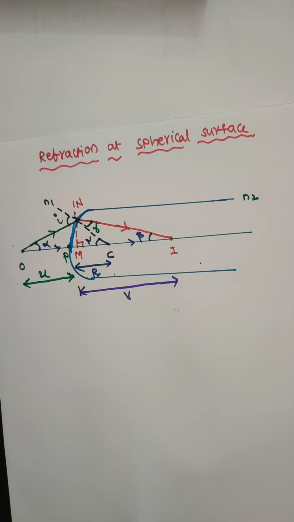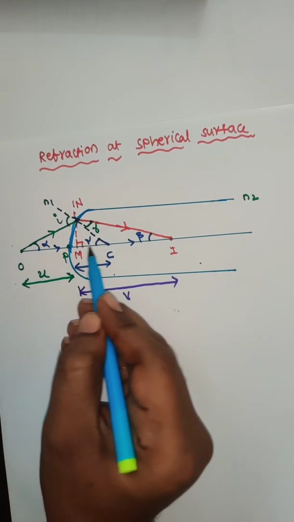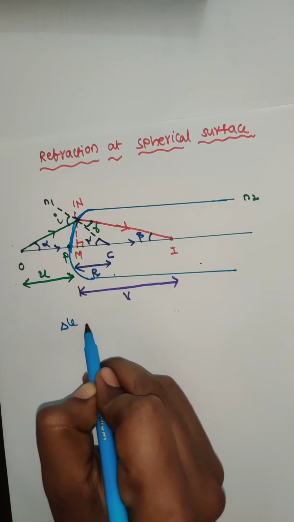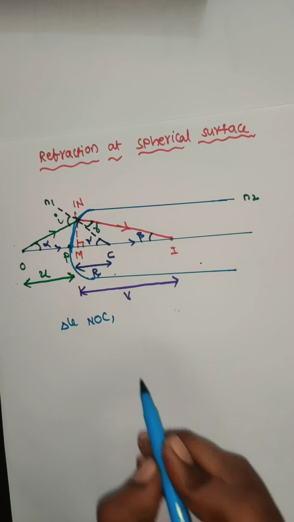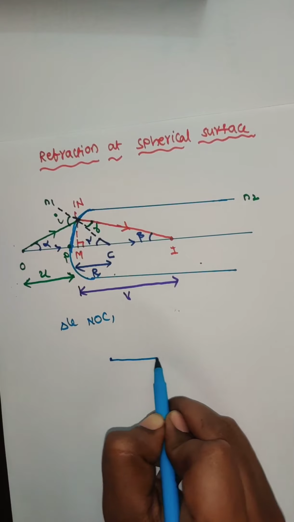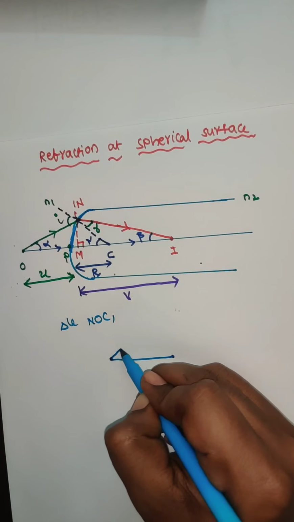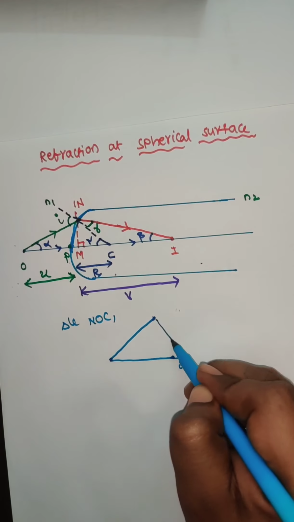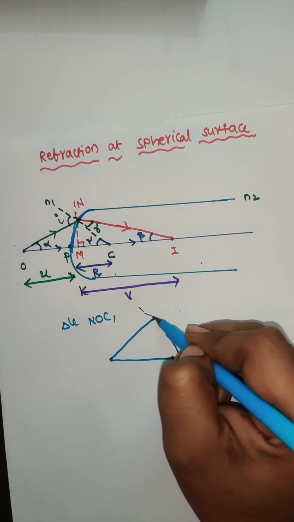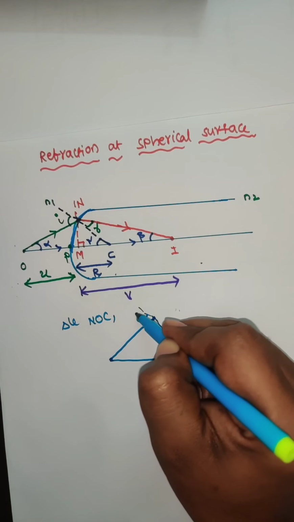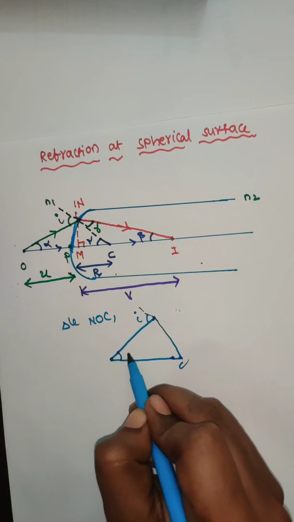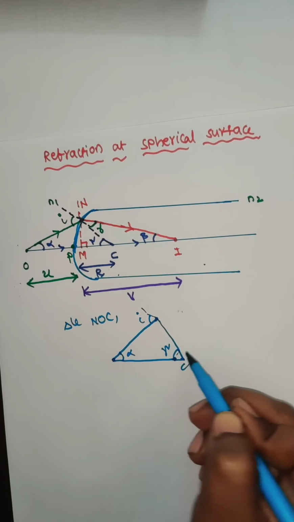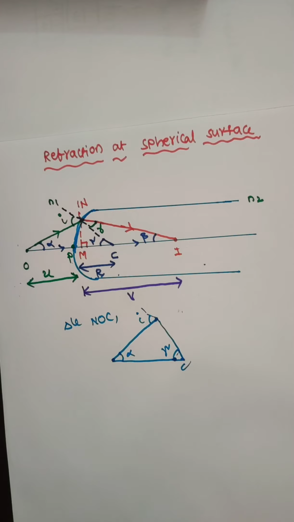Now from the triangle NOC, here the angle of incidence i, this is alpha and gamma. i is an exterior angle.